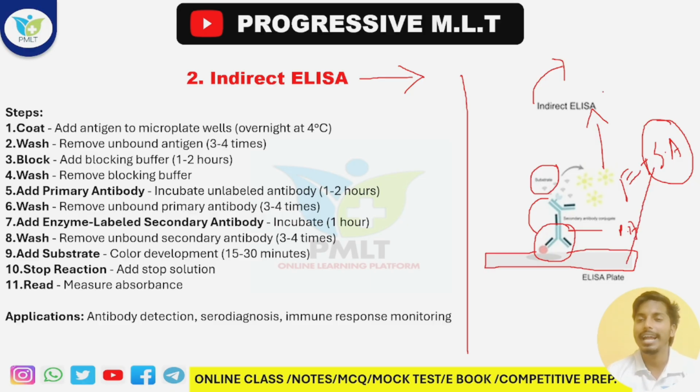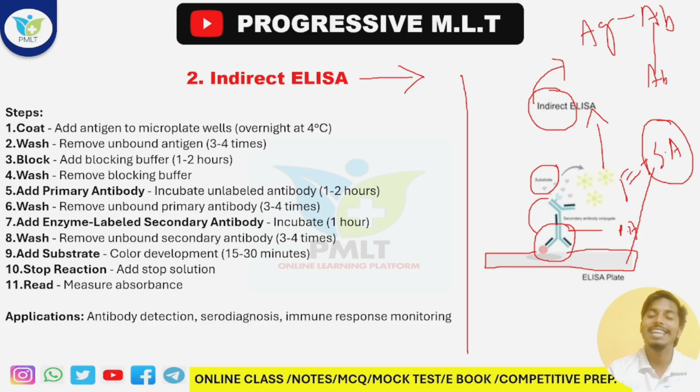We call it indirect ELISA because the AG is not directly connected to the AB. The AG-AB complex is formed, and the secondary antibody is connected with that complex, so that's why it's indirect ELISA.